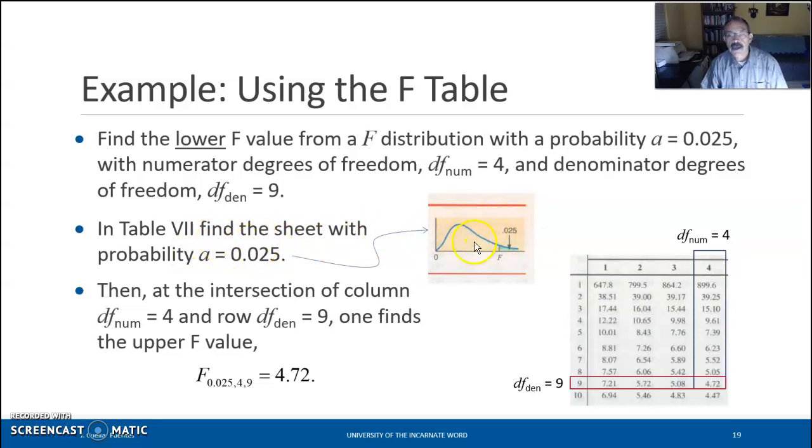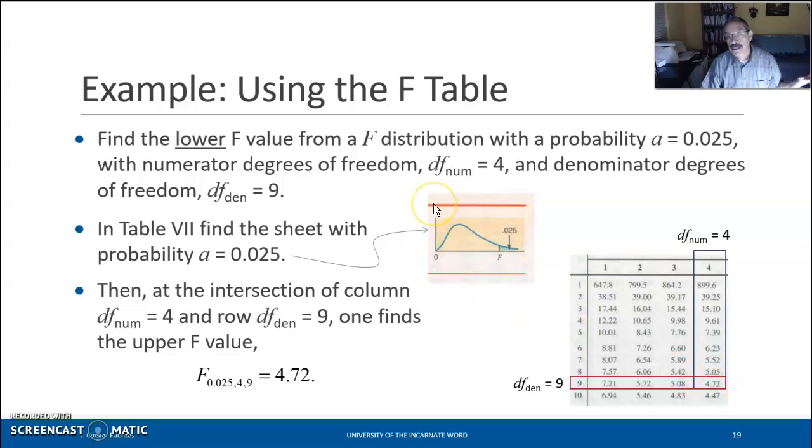Once you find that sheet, you look at the top for the degrees of freedom of the numerator, in this case 4, and you locate that column. Then on the rows, you look for the degrees of freedom of the denominator, in this case 9. At the intersection of this column and this row, you find the F value on the right side for this probability.